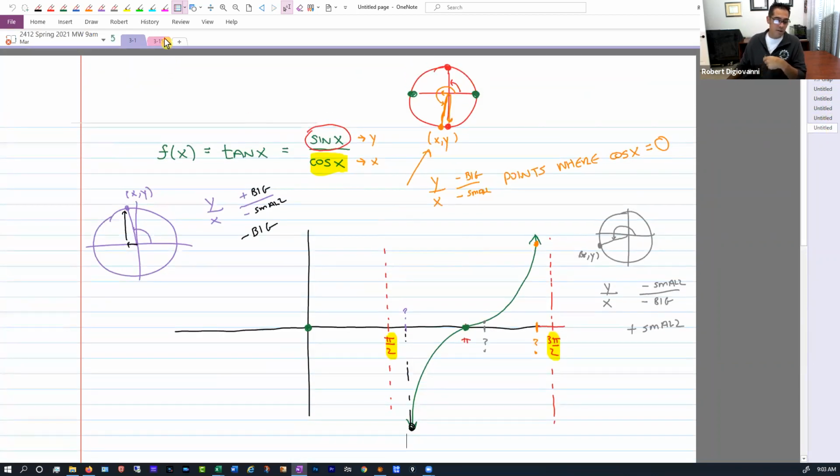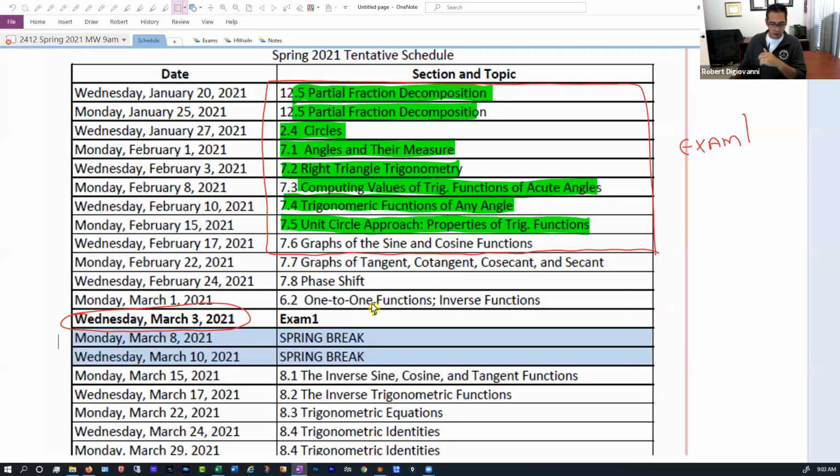I want to continue by just starting fresh with how we graph a tangent function, and then we're going to get to cotangent. And then our plan today is to finish off 7.7, talk about 7.8, which is phase shift, hopefully get through that, and maybe even get pretty deep into 6.2, but we'll have to work fast.